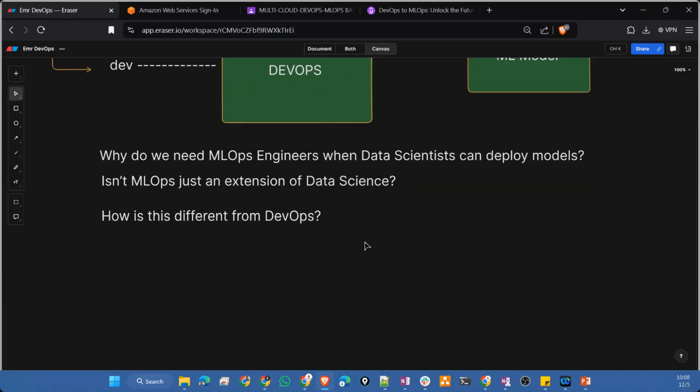So DevOps is on the application side, and MLOps is for the ML model: data pipelines, retraining, drift detection, all of this is in MLOps. The same principles are there, but you could do much better than others. So that is the evolution from DevOps to MLOps.